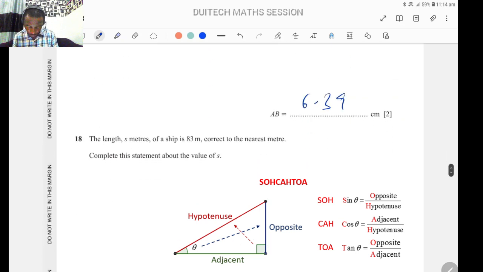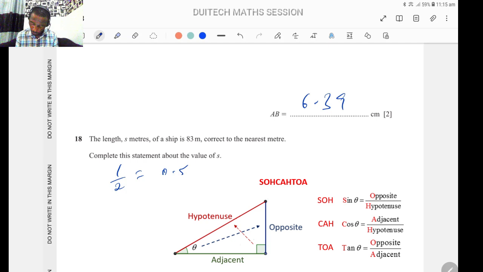Now the length S meter of a ship is 83 meter, correct to the nearest meter. Complete this statement about the value of S. First of all, they are all in meter, so we don't have a problem. What we know very well is that we have to divide 1 by 2, which will give us 0.5.